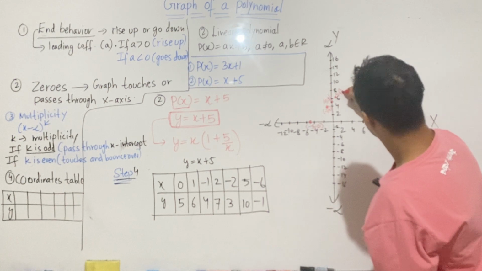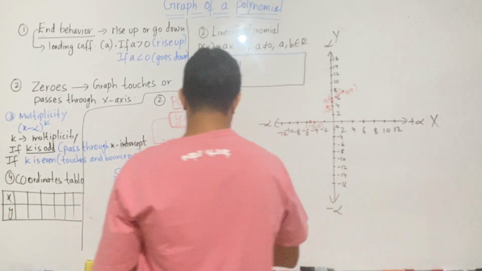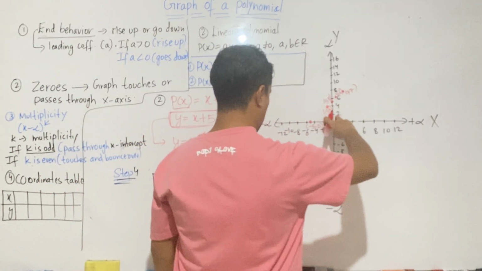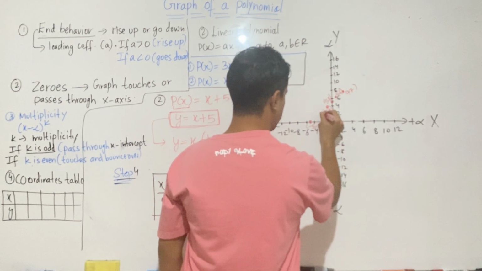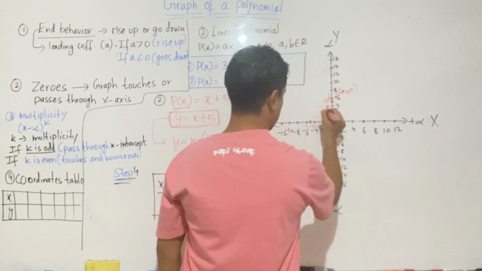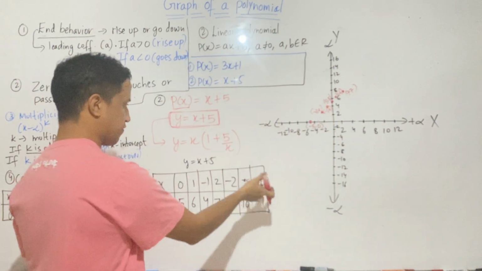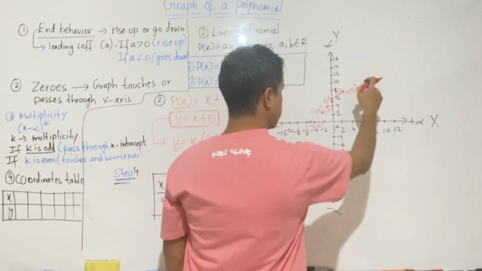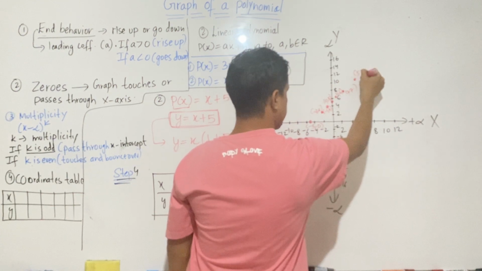Here 2, 7. Then x minus 2, y 3, this point, minus 2, 3. Then x 5, y 10, this point, 5, 10.